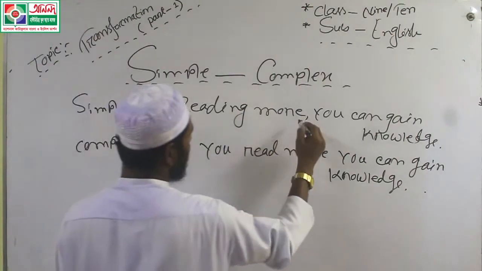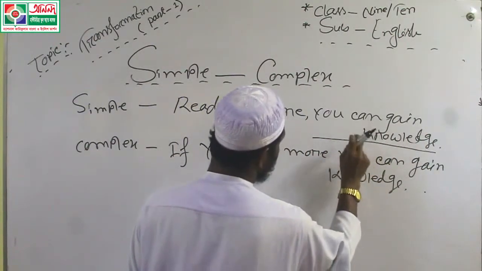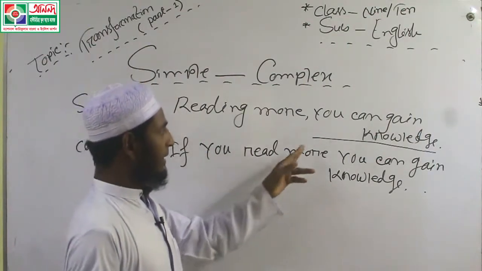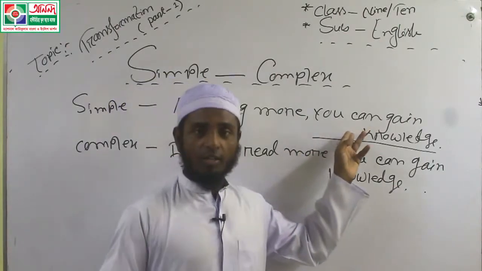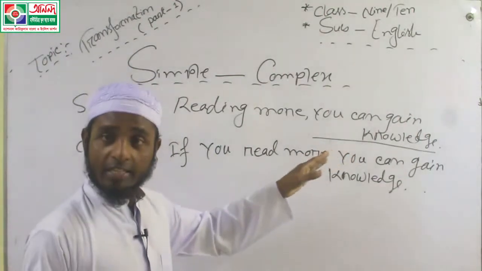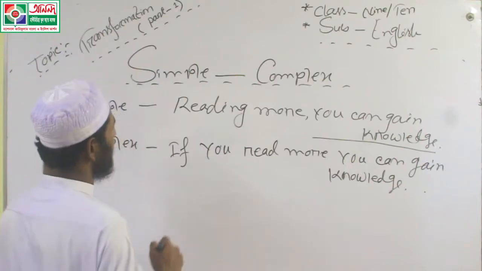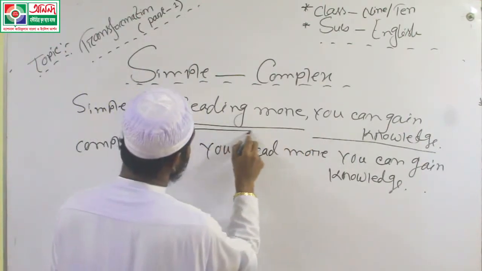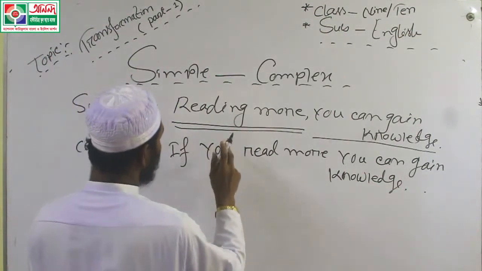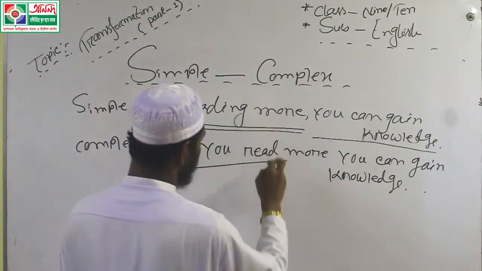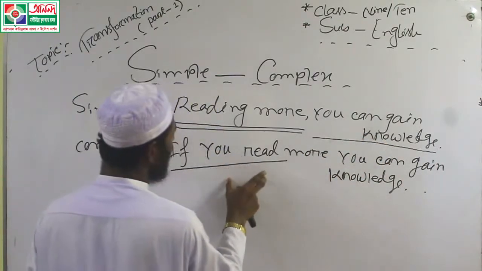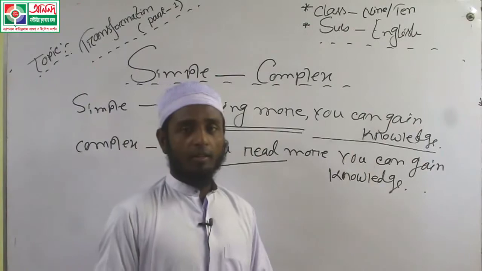That means this is the principal clause. When you transform simple to complex, the principal clause will be unchanged. You just have to change this part and make a subordinate clause from it. Reading more, you can gain knowledge becomes: if you read more, you can gain knowledge.